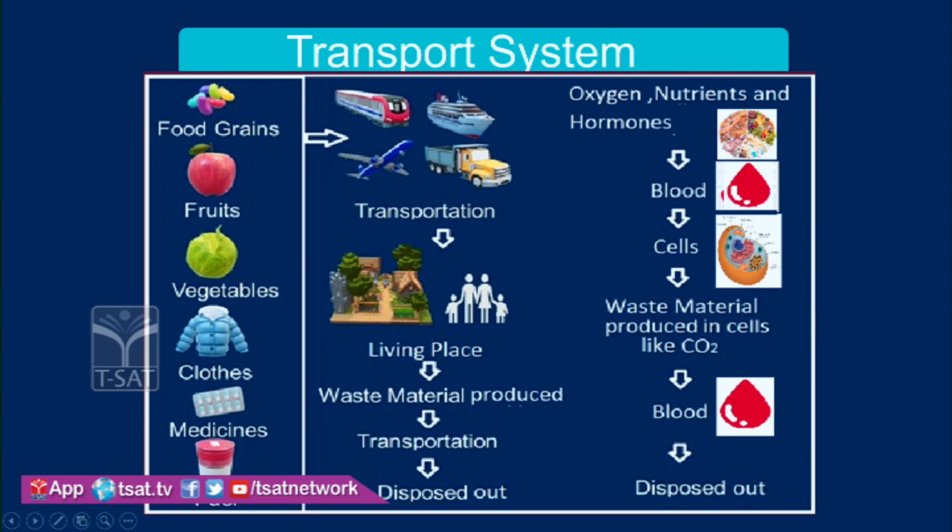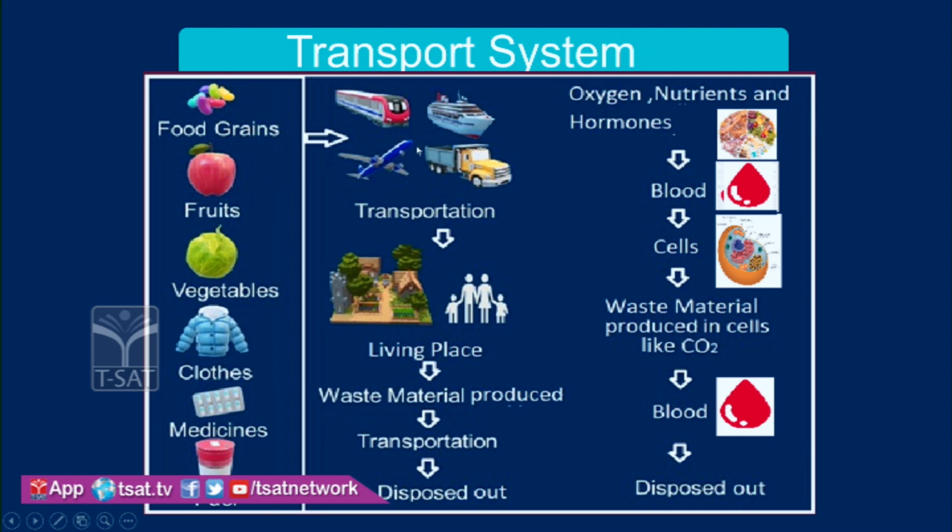How are they coming to our places? Due to transportation. That transportation is possible by different types of vehicles: train, aeroplane, lorry transport, ship, and of course other vehicles like buses. All these vehicles take responsibility for transportation.